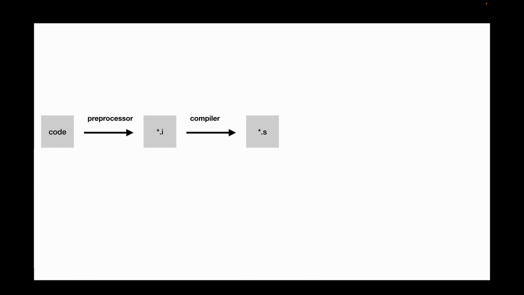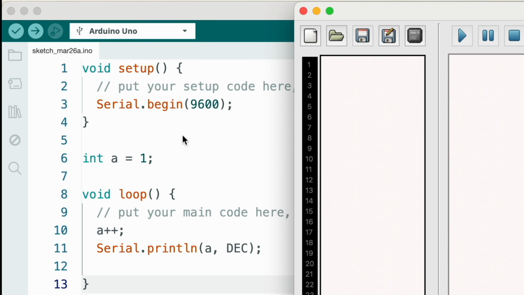Now after checking for errors and optimizing our code, what the compiler does is it translates this language into assembly language. Now I'm using a very simplified version of the assembly language, just so that you know what is going on. So what happens now is the compiler takes this code and translates it into assembly.